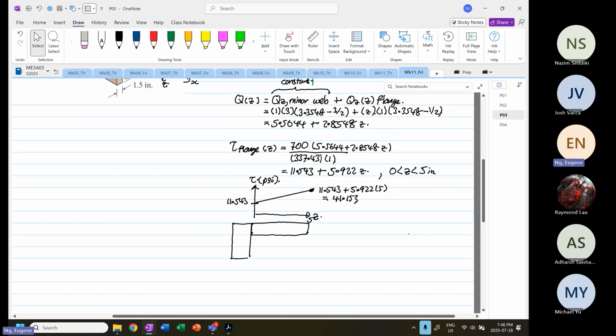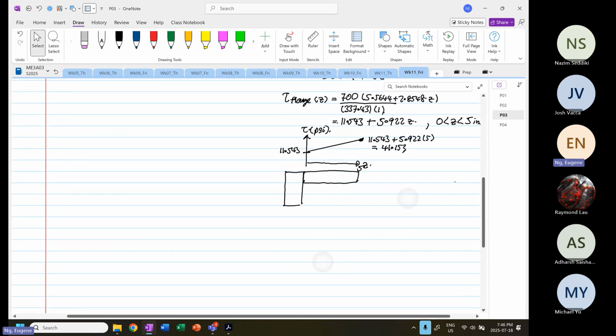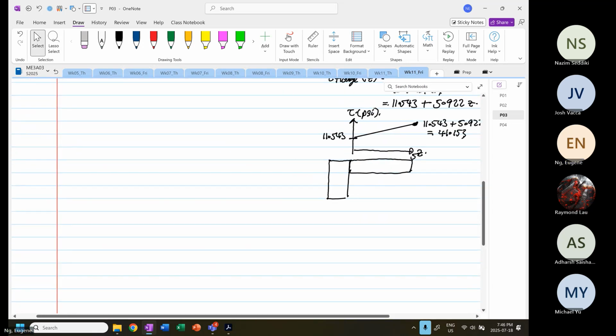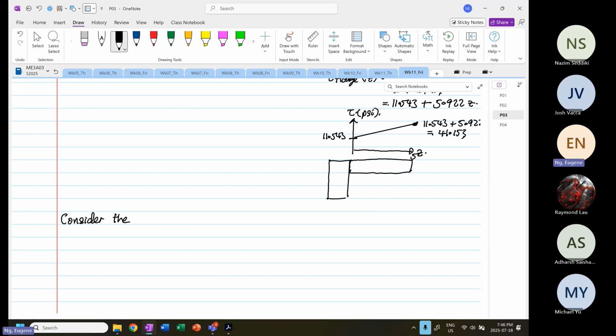So the next thing that we're going to do is we are going to consider the shear stress distribution of the web, or of the major web.